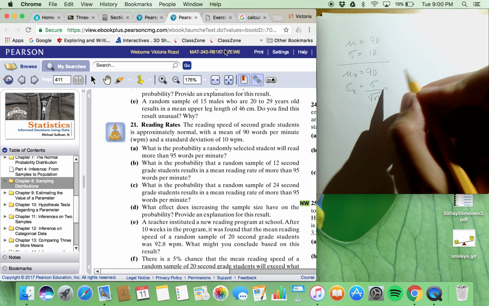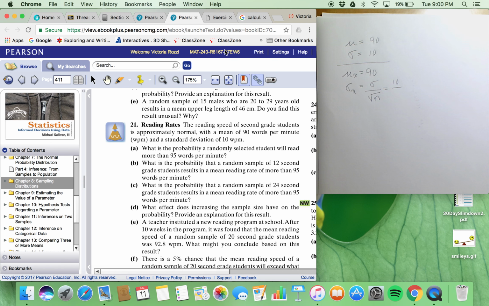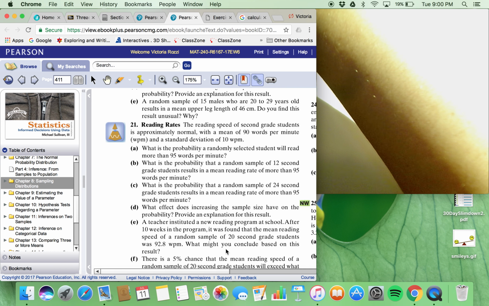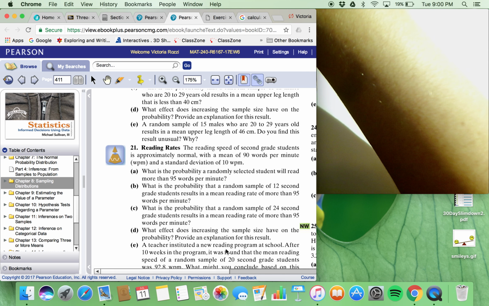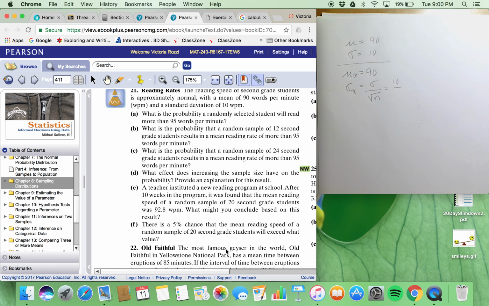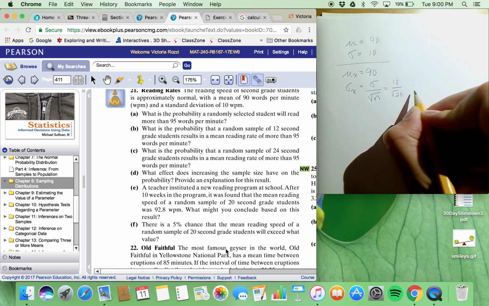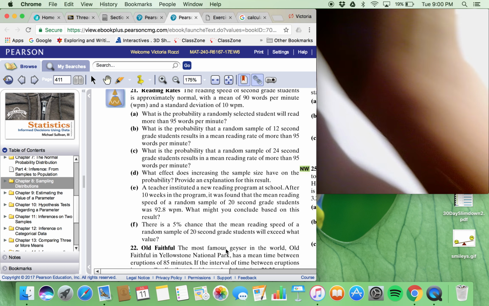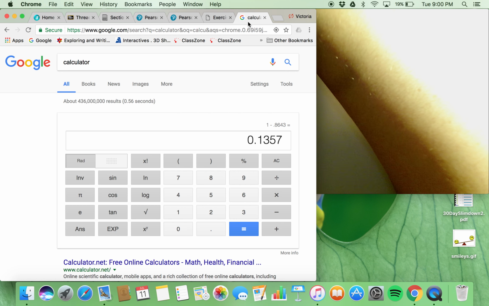For that here, we're going to have 10, and in this case, it's 20 second grade students, the letter F down there. So we're going to do the square root of 20. I'm going to use my calculator here.